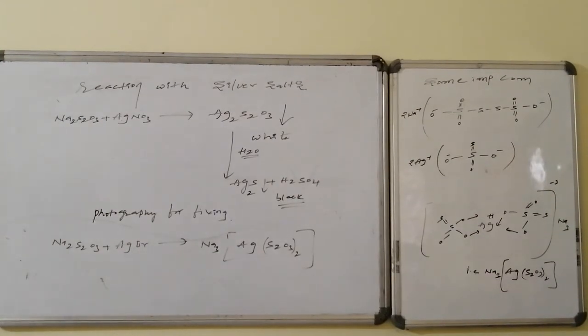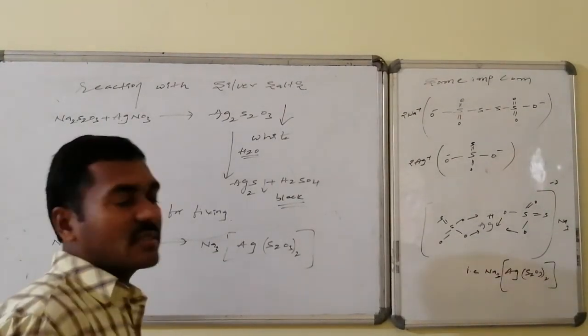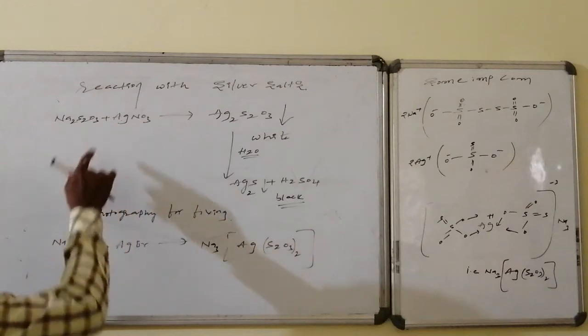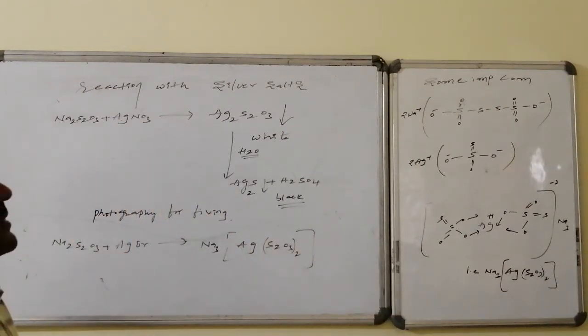Now, reactions of sodium thiosulfate with silver salts, such as silver nitrate. Sodium thiosulfate reacts with silver nitrate, and the sodiums are replaced by silver. As a result, it is converted to Ag2S2O3, that is silver thiosulfate. Silver thiosulfate is a white precipitate and goes on changing its color on reaction with water.